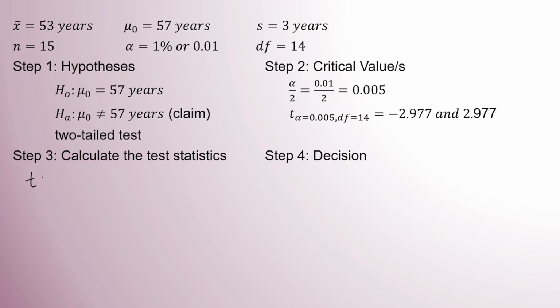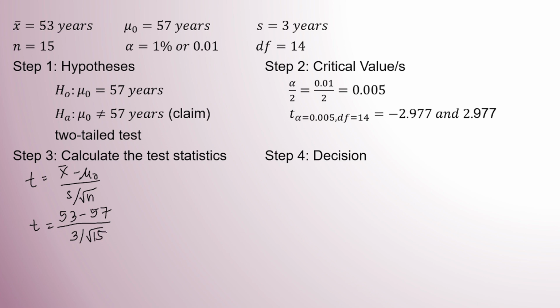So, we have here T, mean over hypothesized mean is divided by square root of n. So, for the mean, we have 53. Ang hina-hypothesize natin ay 57. Ang ating S is 3 divided by square root of 15.